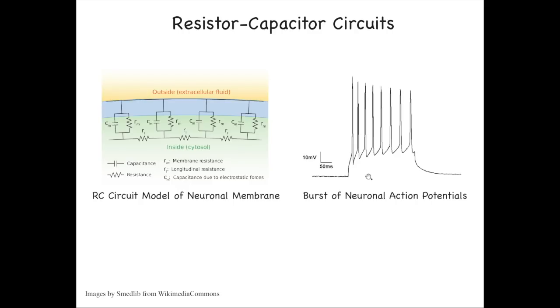And as you can see, when we do measurements on the voltage and current behaviors of membranes, you can begin to see these exponential rises in the membrane potential and these exponential decreases. And then these spikes here are because of active components that lead to action potentials, but you actually can see here, even in these, if you zoom in on them, you would see RC-like behavior on both the upslope and the downslope.